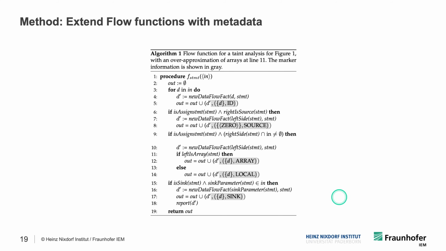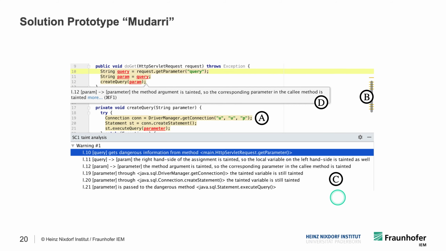And then using this metadata, you can actually display this in a tool. So we had this prototype tool that is called Mudarri. I think in this case, it was actually integrated into IntelliJ. Yeah, what you see here is really basically this annotation. So by looking at these warnings, you can actually step through these different lines of code.